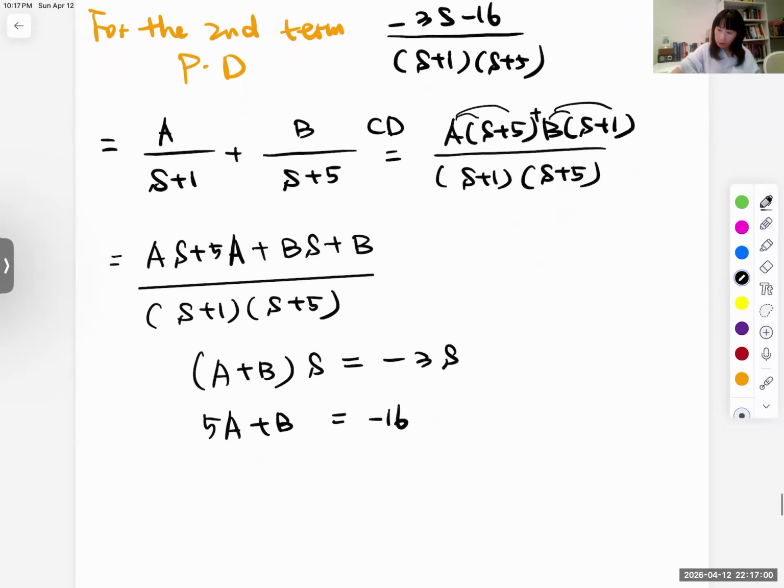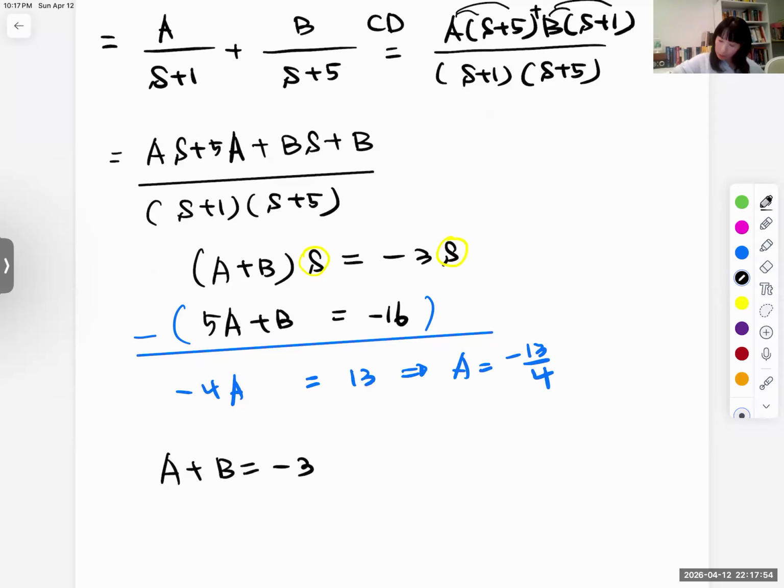What about the B? A plus B equals negative 3. So negative 13 over 4 plus B equals negative 3.